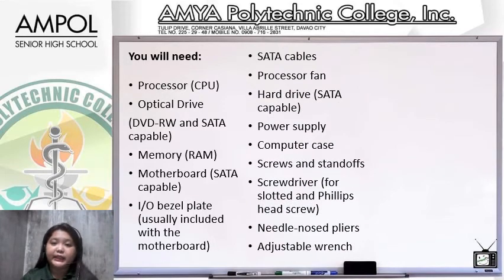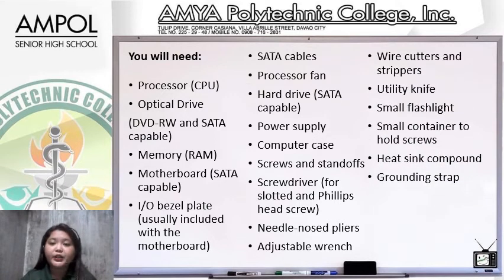We have the SATA cables, processor fan, hard drive or SATA capable, power supply, computer case, screws and standoffs, screwdriver for the slotted and Phillips head screw, needle nose pliers, adjustable wrench, wire cutters and strippers, utility knife, small flashlight, small container to hold screws, and heat sinks, sink compound, and grounding strap.